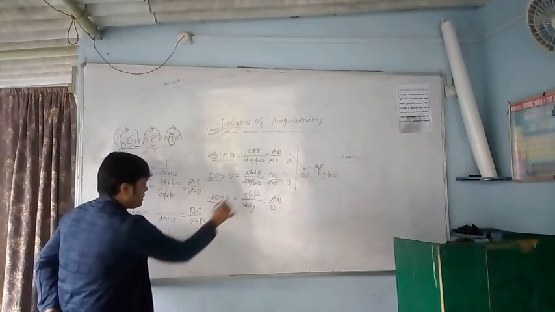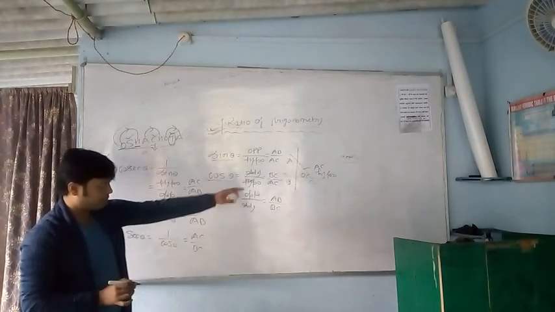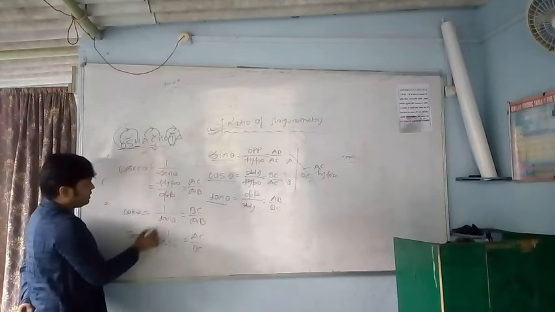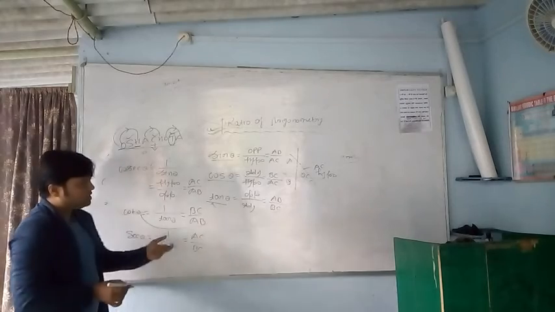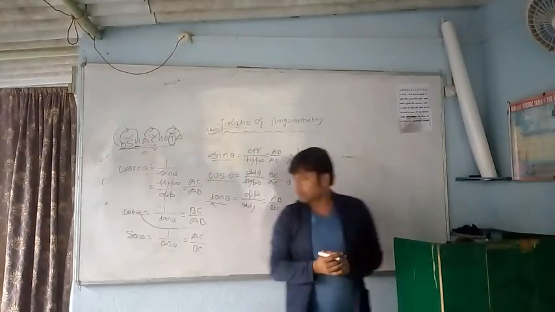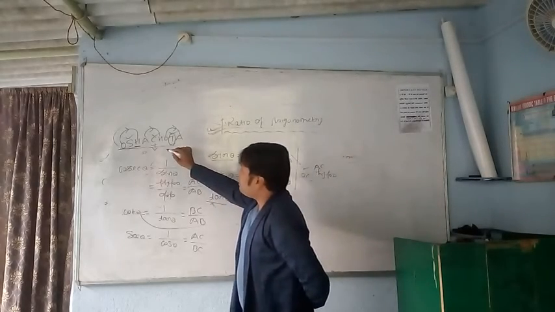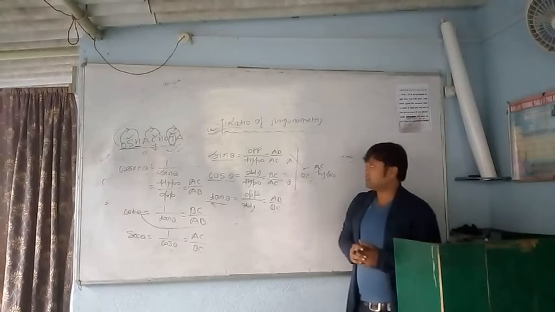It means AC upon BC. So cosec theta is the reciprocal of sin theta, cot theta is the reciprocal of tan theta, and sec theta is the reciprocal of cos theta. Through osa chota we can remember all these terms easily.